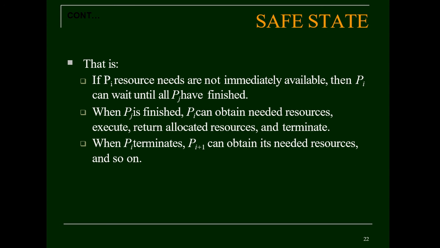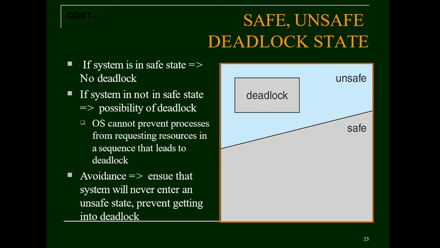If Pi's resource needs are not immediately available, then Pi can wait until all the Pj have finished. When Pj is finished, Pi can obtain its needed resources, execute, return the allocated resources and then terminate. When Pi terminates, another process can obtain its needed resources, and so on. In this way, a safe state exists.